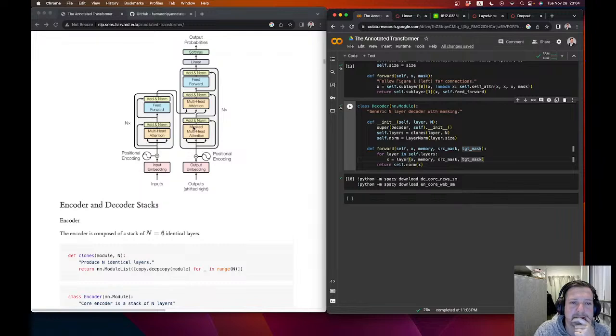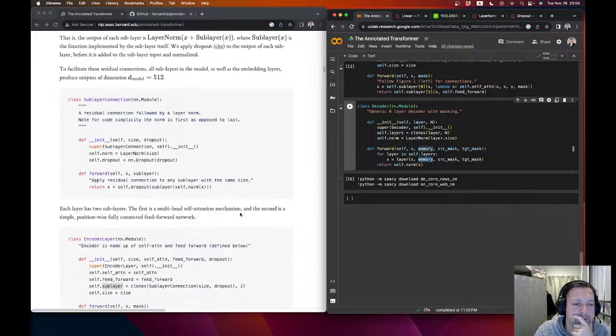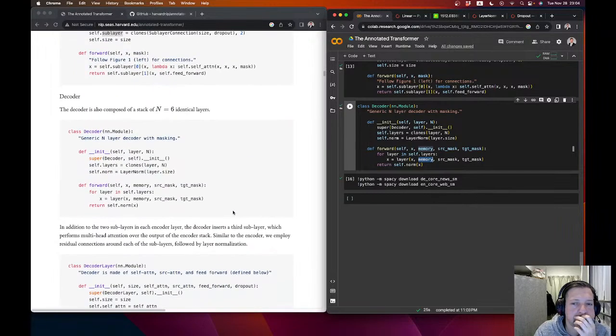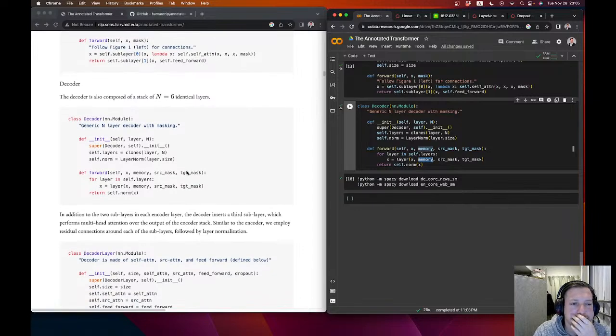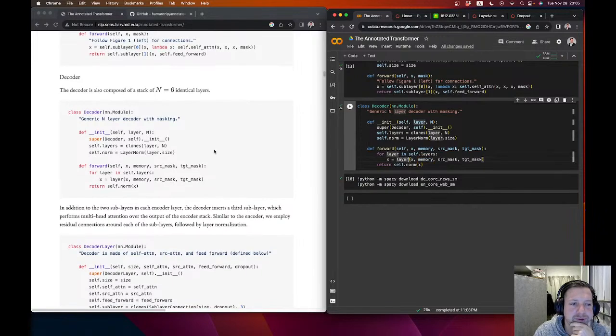I mean, this bit is identical. This bit is also the same, except different inputs. I'm not sure what the memory bit is. Maybe we'll see that. But otherwise, the structure is the same as the encoder.